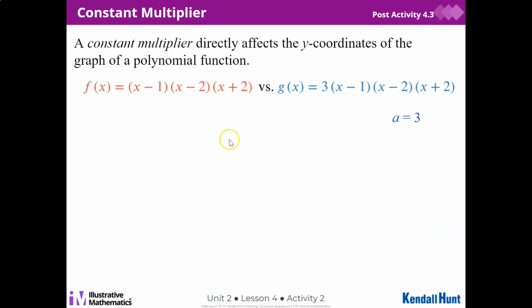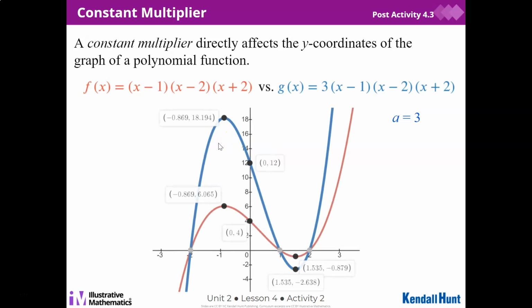So here are the graphs of f and g, right here. The value of a for g is 3, and we can see that the blue function, which is g, is stretched by a factor of 3, vertically stretched.